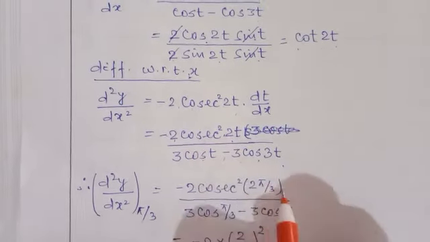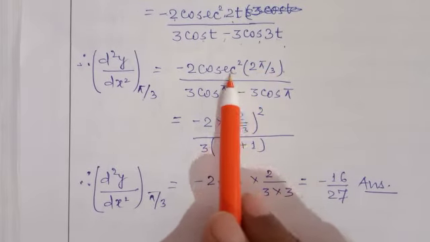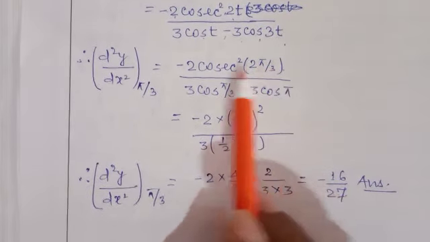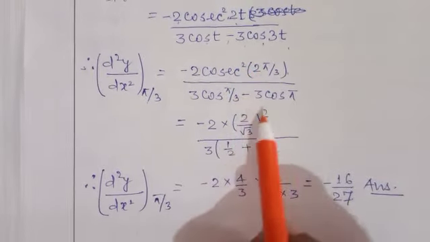Write down the value from the trigonometrical table. Minus 2 into cosec 2 pi by 3, cosec 2 pi by 3 is 2 by root 3. Its square is (2 by root 3) square, upon cos pi by 3 is 1 by 2 and cos pi is minus 1. So this becomes plus 1.